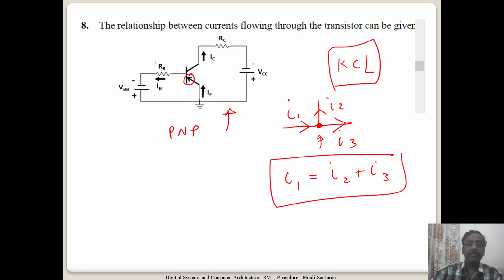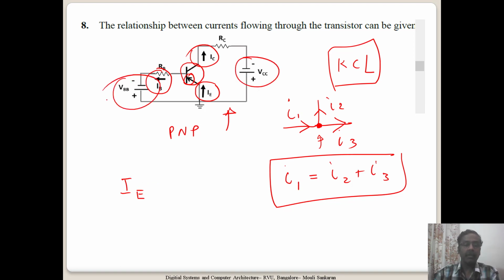Now the question here asks for the relationship between currents, and the transistor is a component which cannot store any charges inside. Though capacitances are there inside, effectively whatever is coming in has to go out. So you can see that the current flowing in is IE and the currents going out are IB and IC. The capital letters mean DC currents, which are biased with DC voltages.